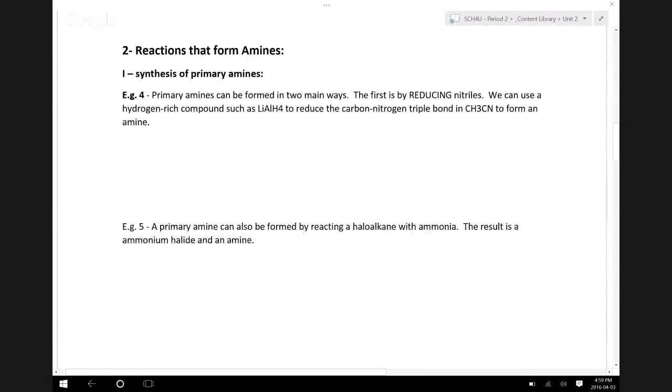Now, from there, we wanted to look at a few reactions of amines.